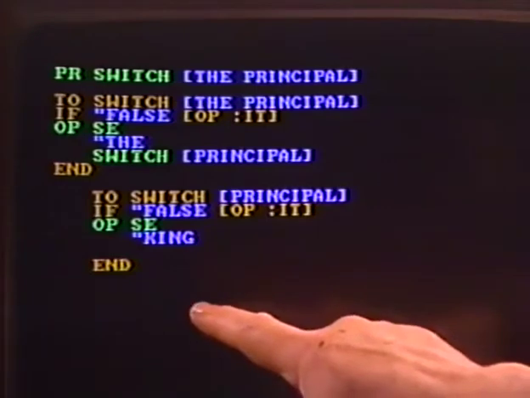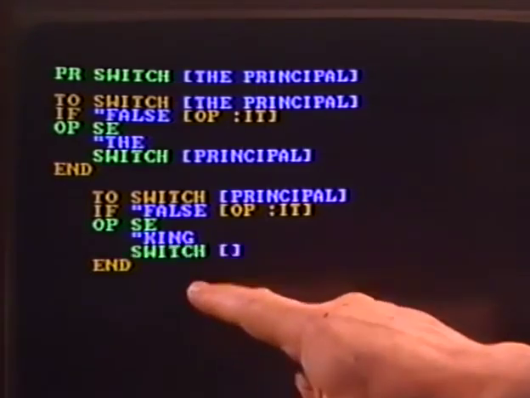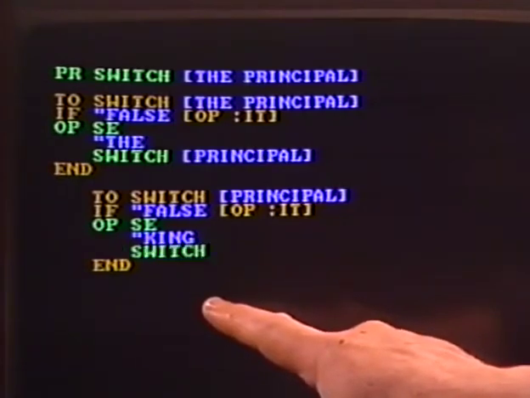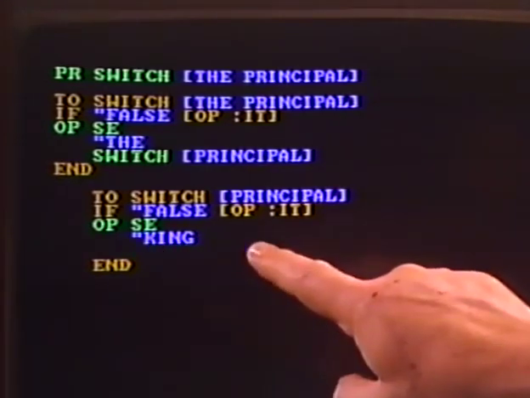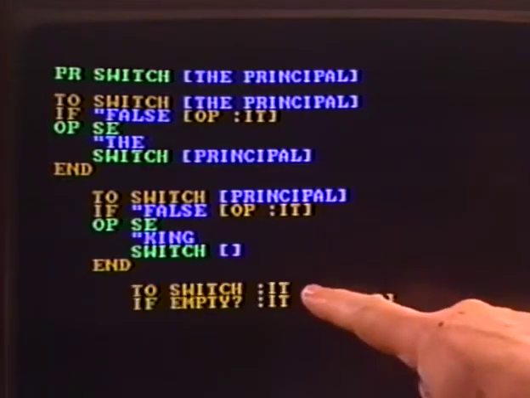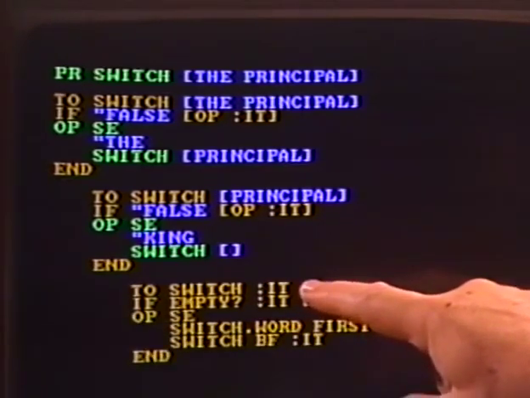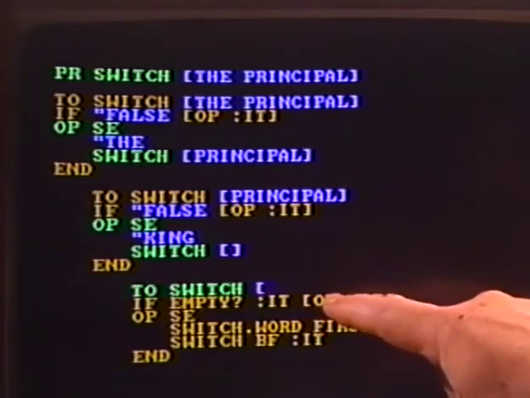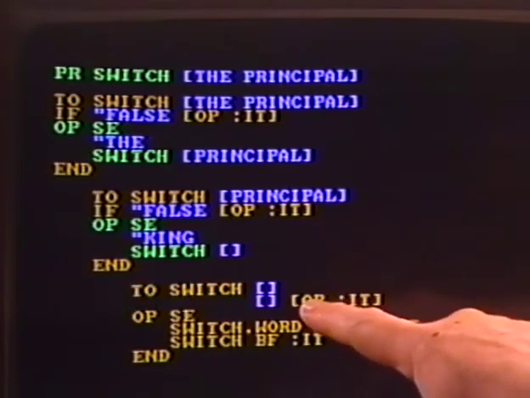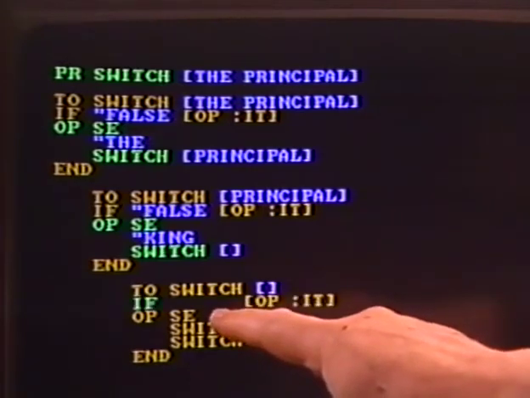Sentence is waiting for its input here. It, in turn, is going to need another copy of switch, another actor here, with an input empty, the empty list. Here we go. It will become empty, and this time it is empty.